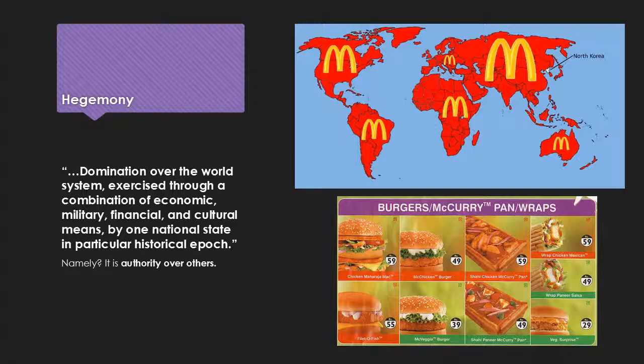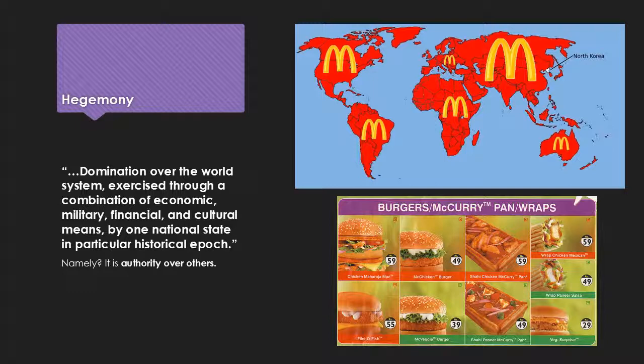Even in India, where the cow is seen as a sacred animal, and so they don't eat beef, they've changed their menu, as you can see right below the map, to accommodate their cultural needs. So it has dominance over others, even just culturally. They're still involving that fast food restaurant, but in their own cultural way.